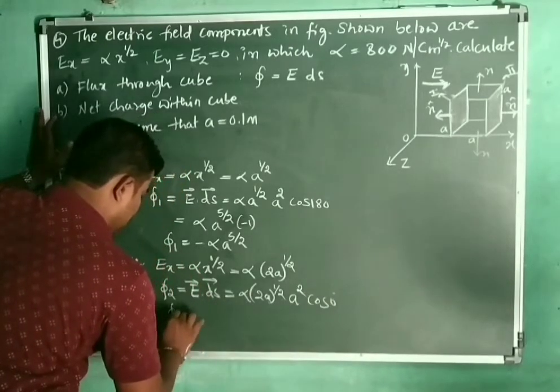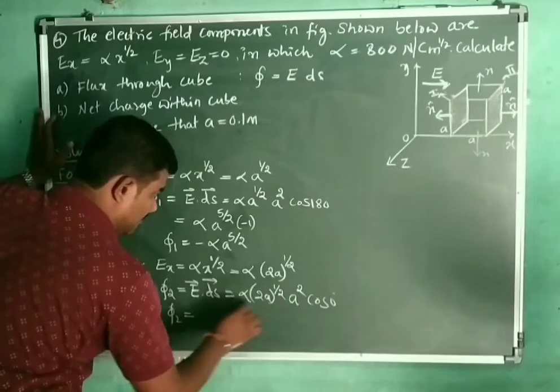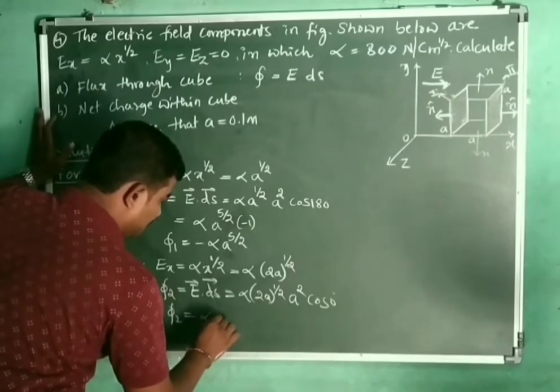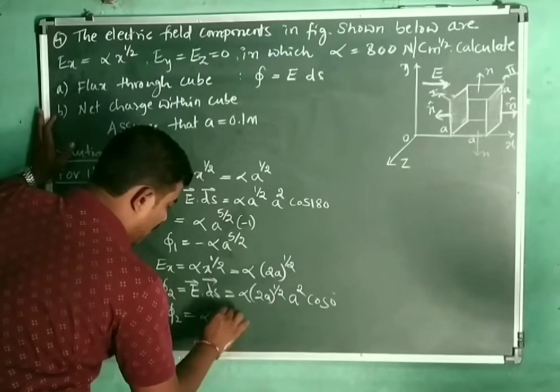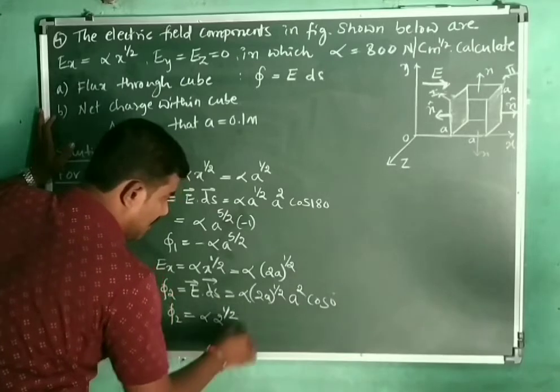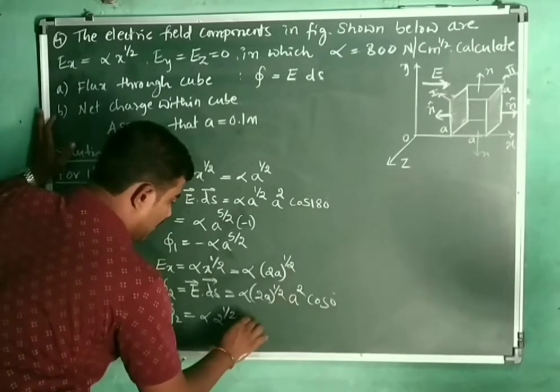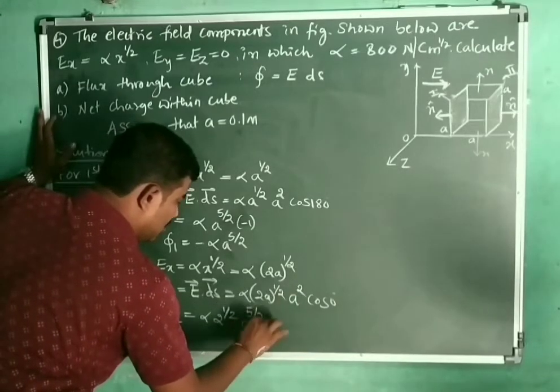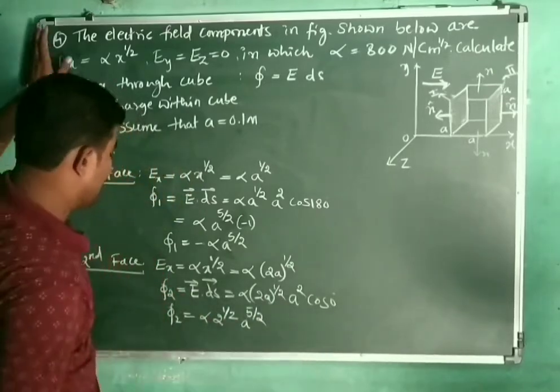So the flux linked with the second face is alpha 2 to the power 1 by 2, a to the power 1 by 2, a squared, that is a to the power 5 by 2, and cos 0 is 1.